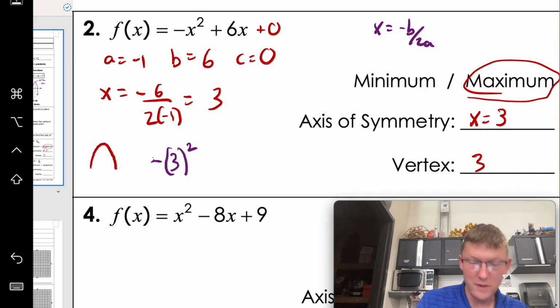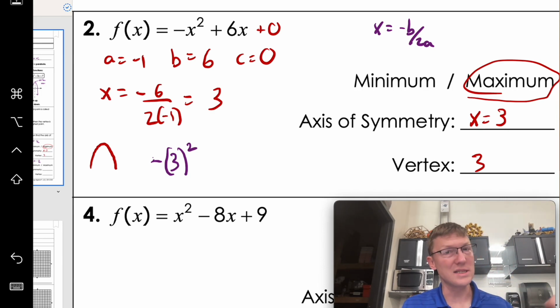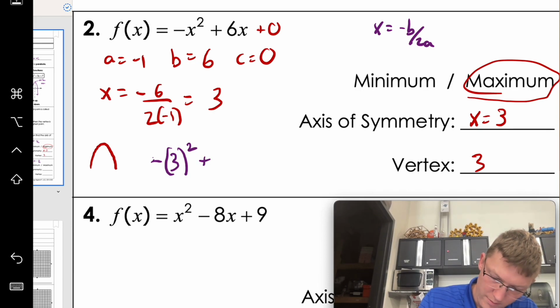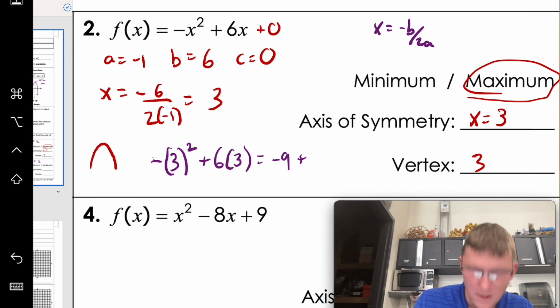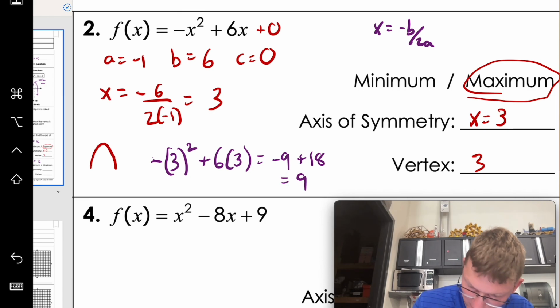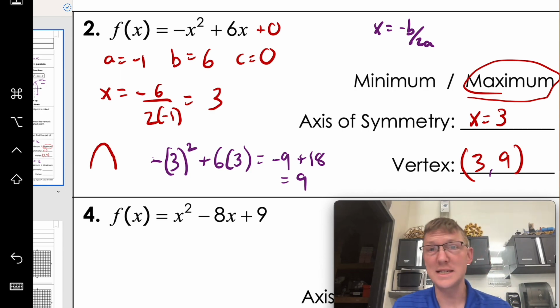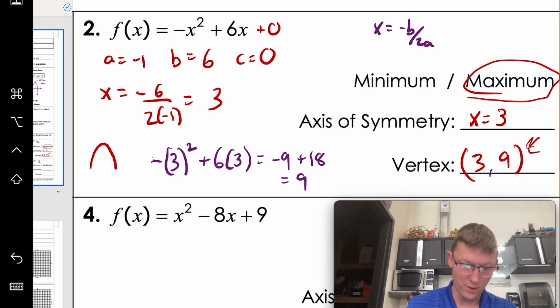So that negative sign is on the outside of x, and that square does not hit that negative sign. +6 times 3 plus 0. So that is -9 plus 6 times 3, which is 18. All that is going to equal +9. So my vertex is (3, 9). Remember, the vertex is an actual point, so it should be labeled like that as a point.